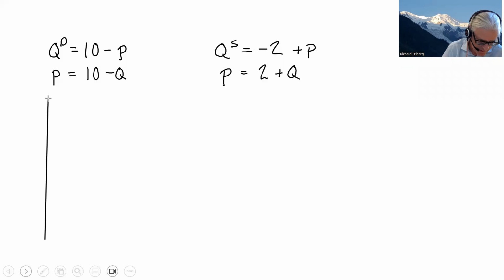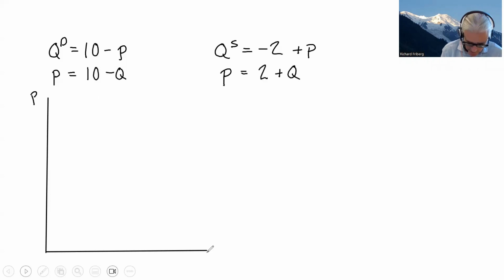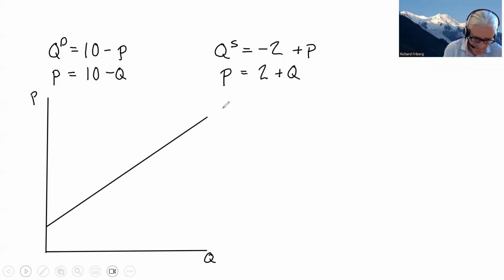So we can draw those as we've done in a previous video. So we have price in euros on the vertical axis. We have quantity in boxes of strawberries on the horizontal axis. There's a supply, this is 2 plus Q. And there's a demand with an intercept of 10 here and a slope of minus 1.